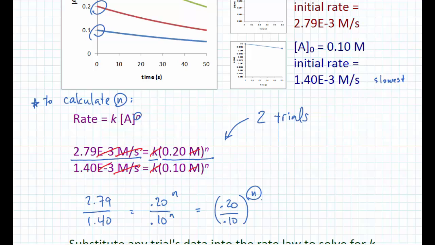So what's 2.79 divided by 1.40 just in your head? Pretty much, what's that close to? Yeah, 1.40 times 2 would be 2.8. So with experimental error, that's 2, right? So 2 equals, what's this part here? 2. To the n. So n equals 1.